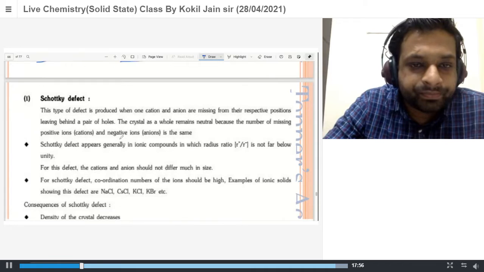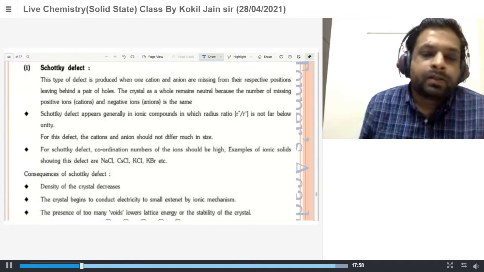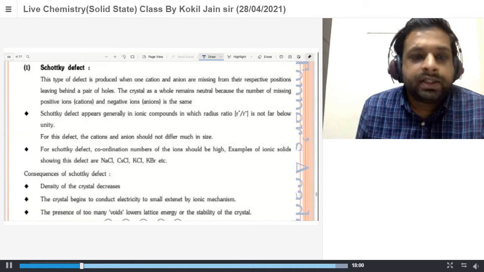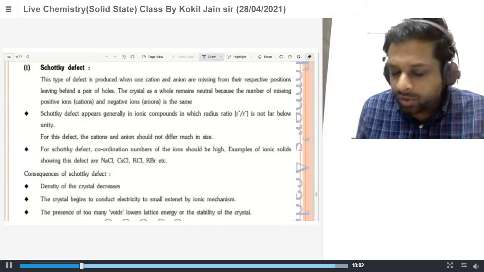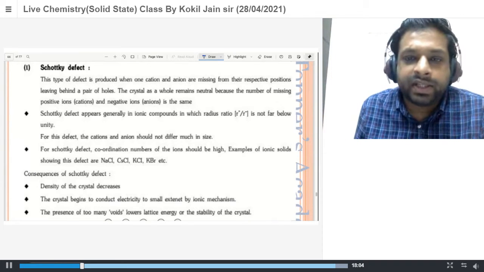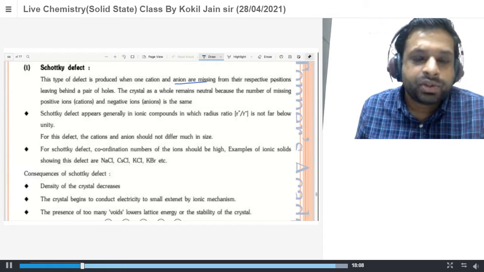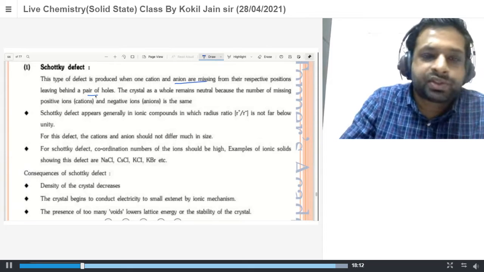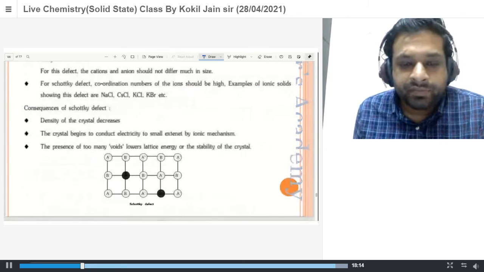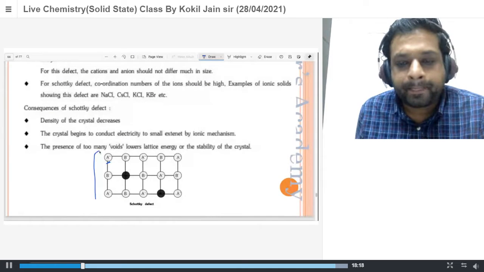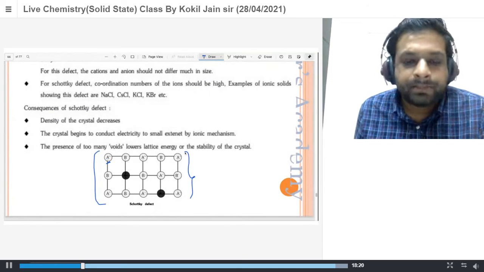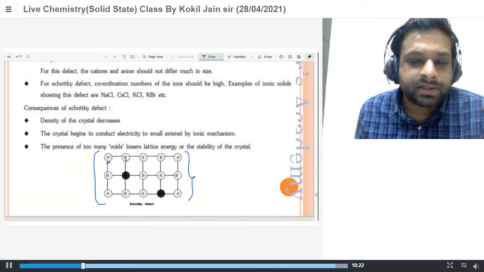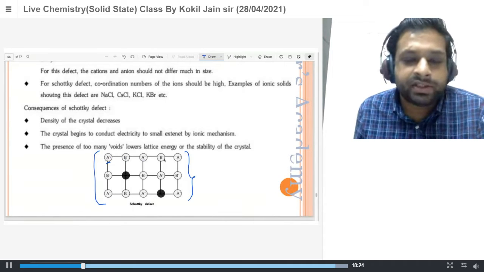Now see, in case of Schottky defect, when only one cation and one anion are missing from their respective positions, what we get is a pair of holes. I'll show you this structure here. See, if these were the elements, A plus, B minus, A plus adjacent, neutrality is maintained.